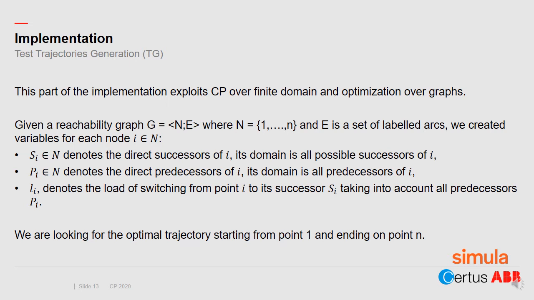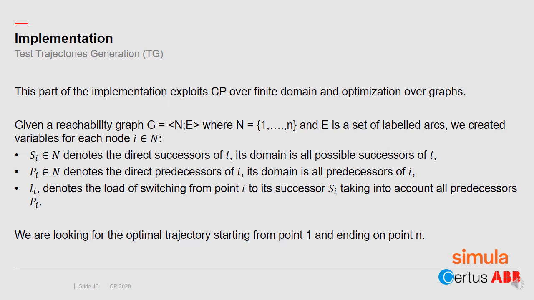To do this, we get the reachability graph from the first component, and this graph has nodes and edges, and we created variables for each node. The first variable is the successors of the node. The second variable that we create is all the predecessors of the node.